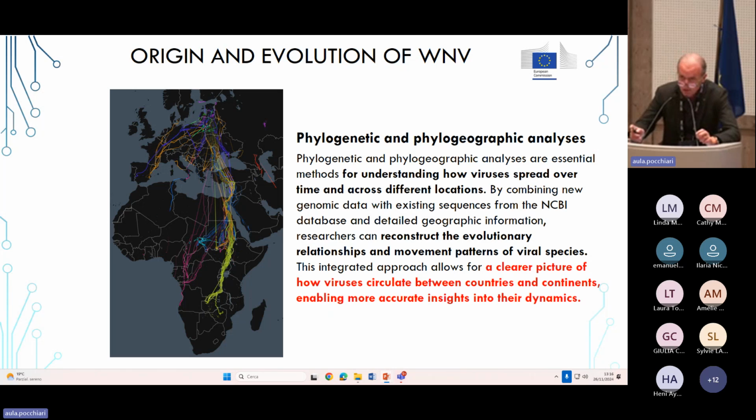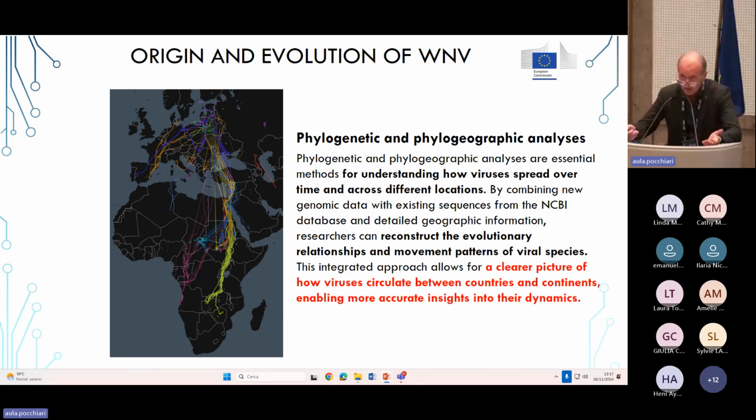Phylogenetic and phylogeographic analyses are essential tools for understanding how viruses spread over time and across different locations.